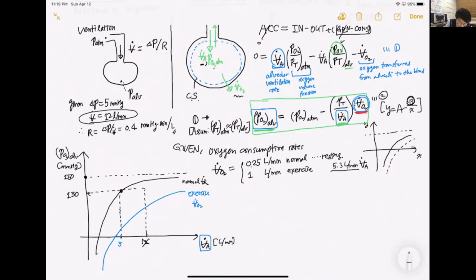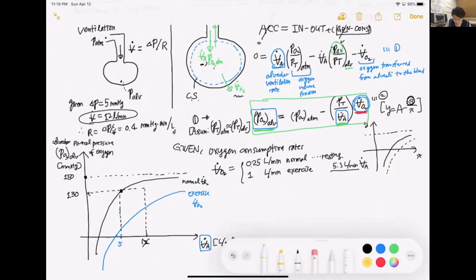So it's the alveolar partial pressure of oxygen. Then suddenly we start to do exercise. What happens? The curve becomes this way because the oxygen flow, oxygen transferring from the alveolus to the blood, the demand becomes higher.